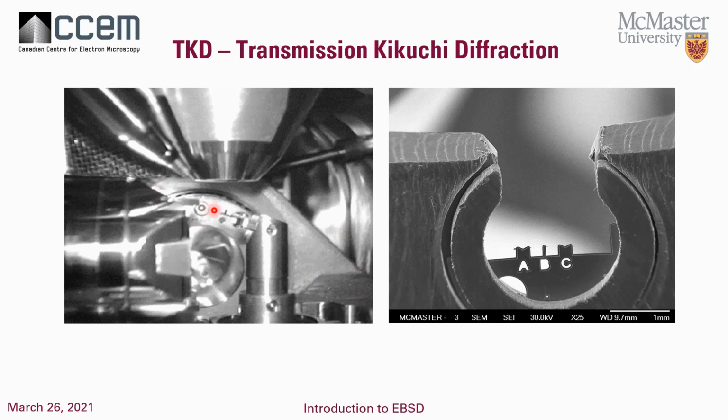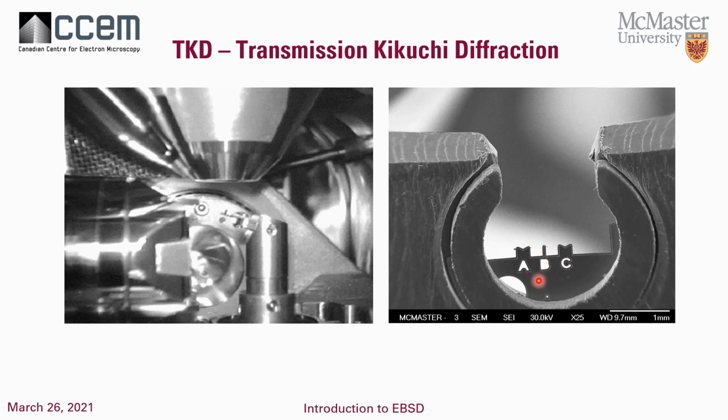So if we look at the little point up at the top here, we can see a FIB grid. And the little spot that's there is what we're actually looking at for EBSD. So if we can get this fairly close, we can get fairly high resolution, much more than we can get with reflected EBSD.